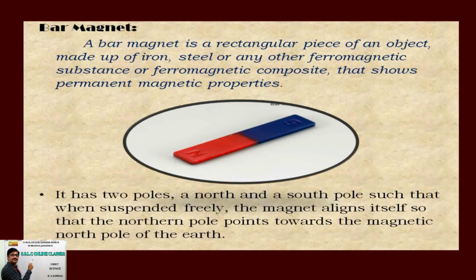So we define a bar magnet as a rectangular piece of an object, which is shown in this picture. A bar magnet is a rectangular piece of an object made up of iron or steel or any other ferromagnetic substance or ferromagnetic composite that shows permanent magnetic properties.